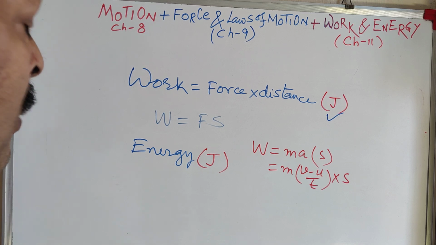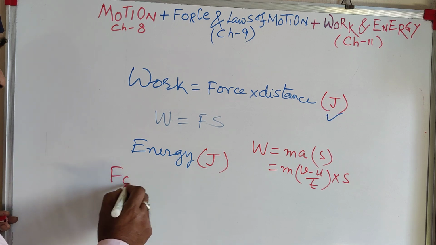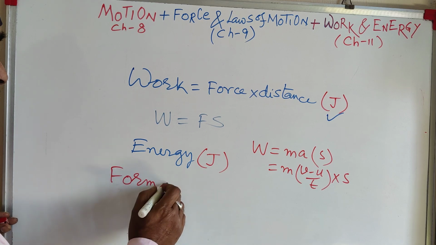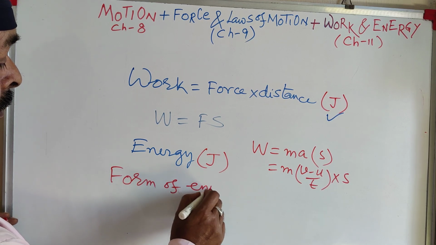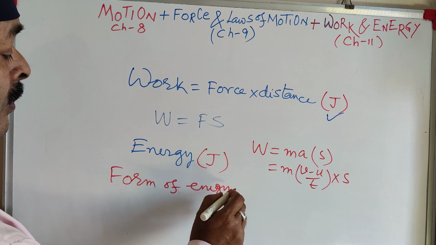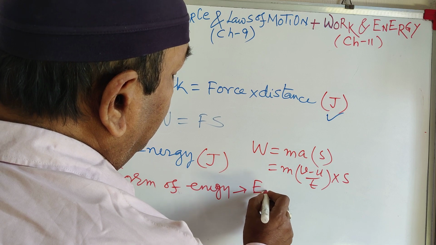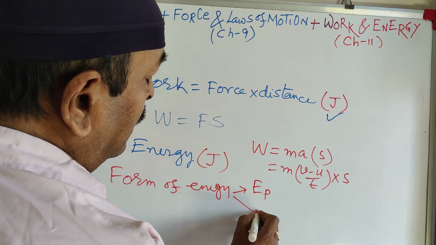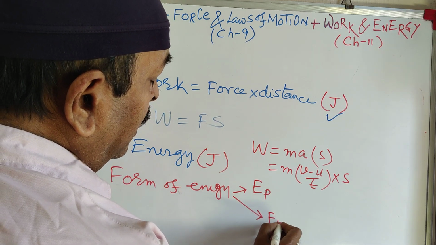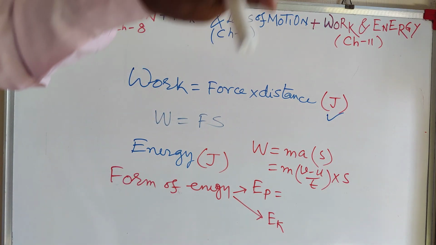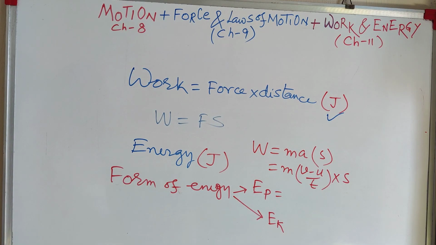Now energy has different forms. Forms of energy can be EP, potential energy, and EK, kinetic energy. When a body is at rest, or it has some height, or changes position or shape, it has the ability to do some work.